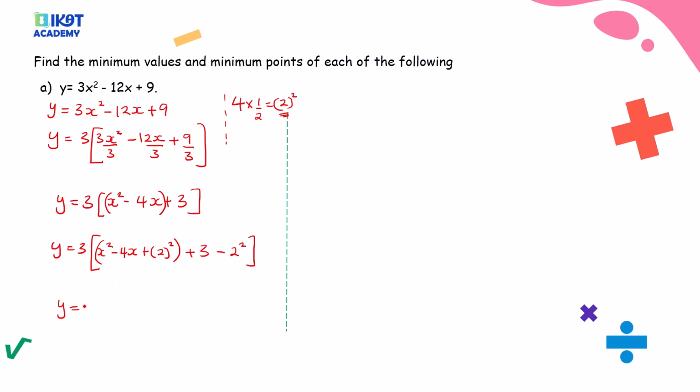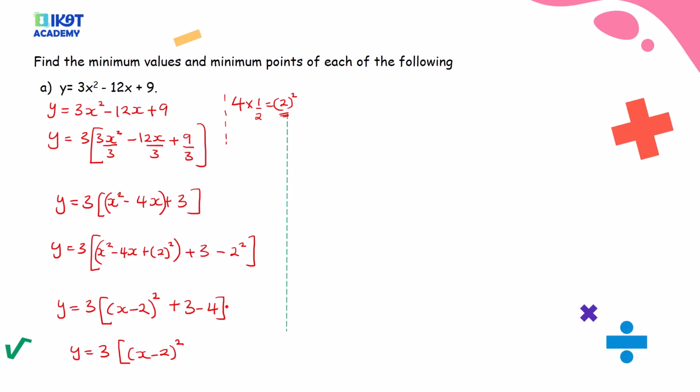So we now have y is equals to 3 into, now here we are completing squares, so we are going to pick x, then the sign just after it, which is a minus, then we pick this, which is 2, this squared plus 3 minus 4. So what do we have? Y is equals to 3 into x minus 2 squared.